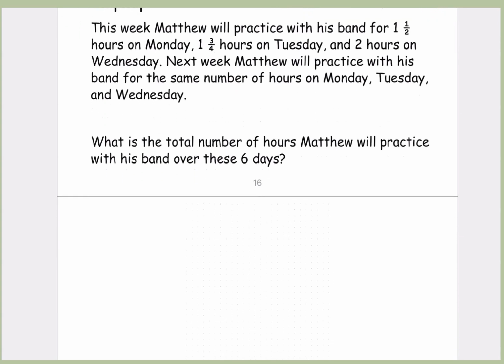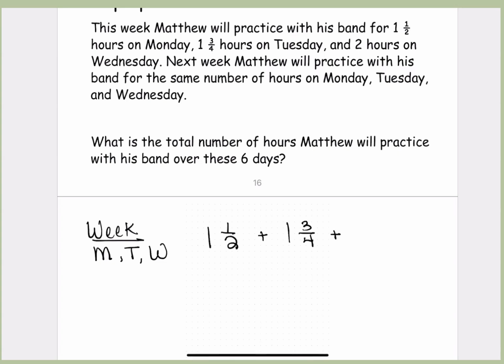So we want to know what is happening during that first week on Monday, Tuesday, and Wednesday. And in order for us to get this total, we want to add these numbers together. So that is 1 1/2 for Monday, plus 1 3/4 for Tuesday, plus 2 for Wednesday.